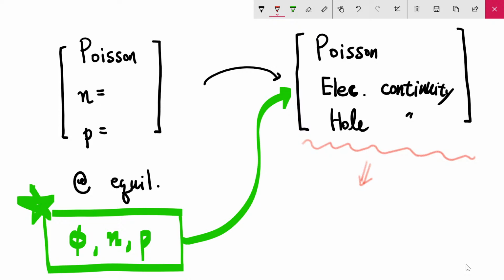And even when I evaluate the electron continuity and hole continuity, I find that the residual vector out of the continuity equations is quite close to a null vector.